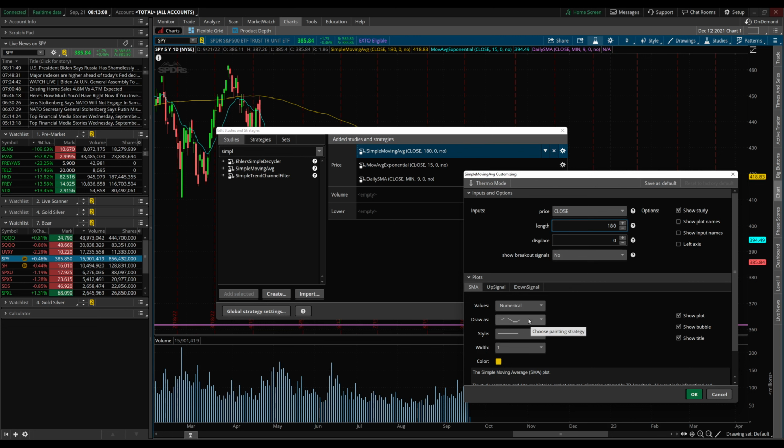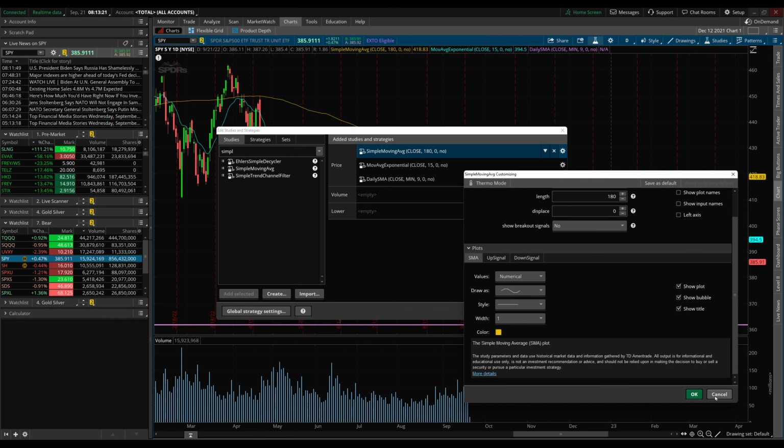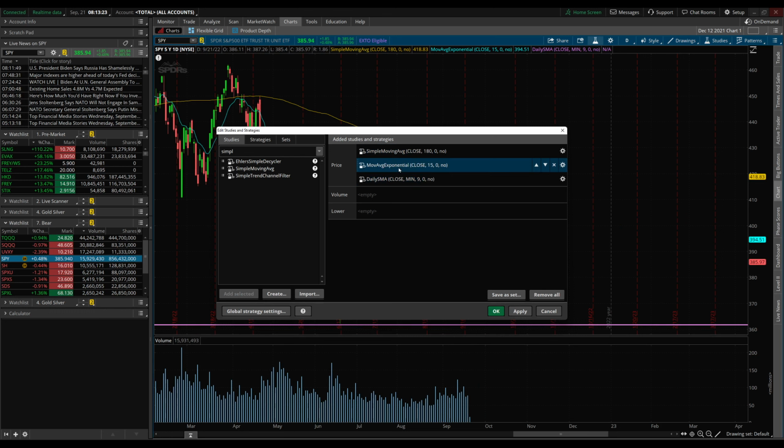Then I can change how it looks, the thickness of it or polka dot lines. Color of the line, I personally use yellow. Yeah, so that's how you do it. Then you do it for the EMA too, which is moving average exponential. That's how you get that.